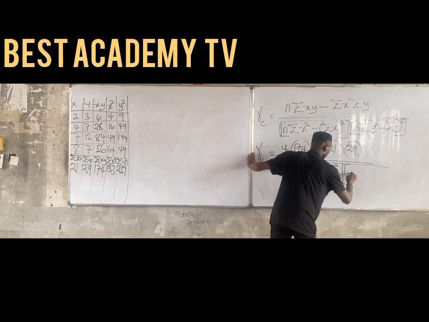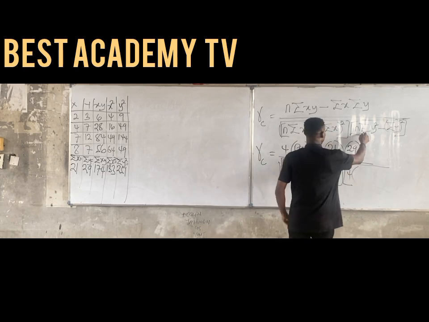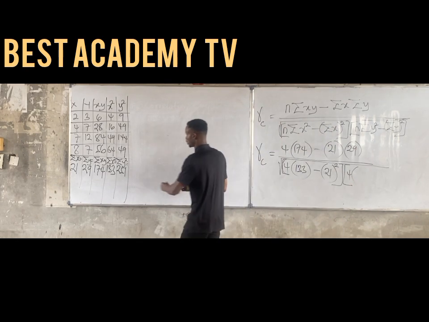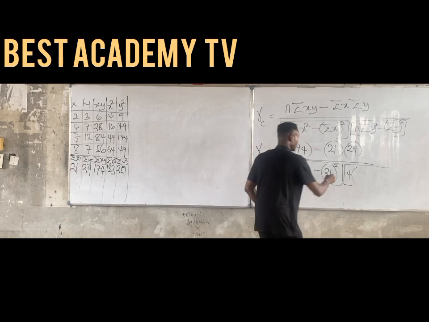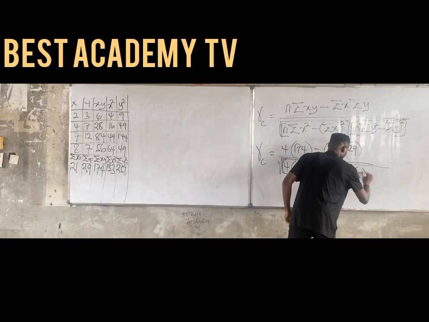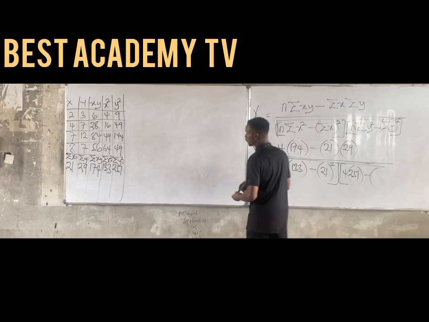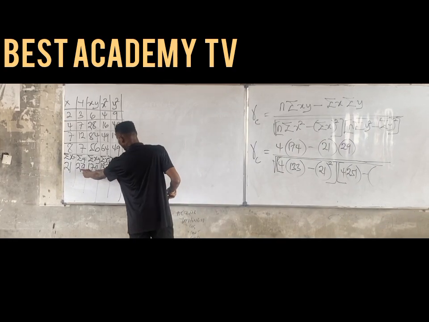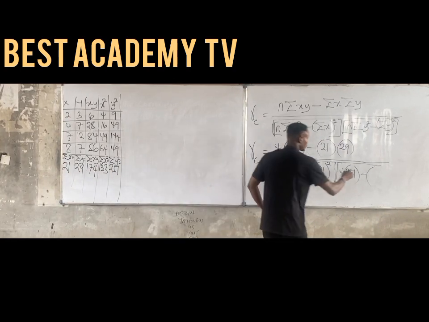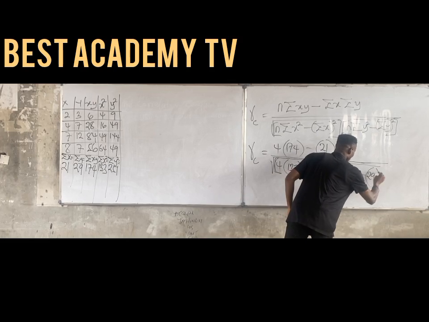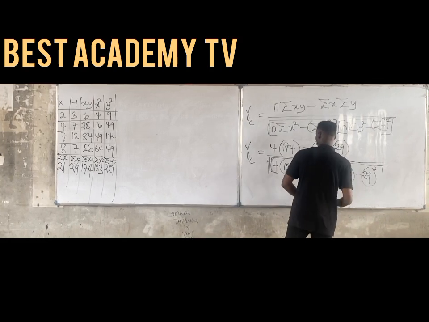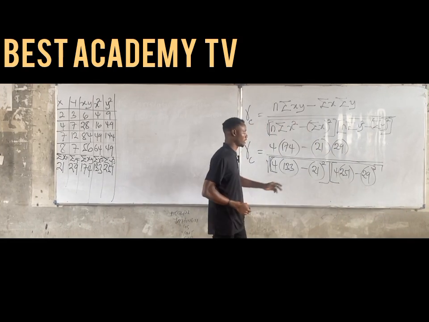Now into 4 into the sum of y squared. The sum of y squared is said to be 251. Okay. Minus the sum of y, which is said to be 29. That is 29 all what? Squared.